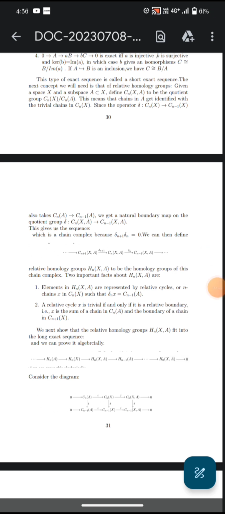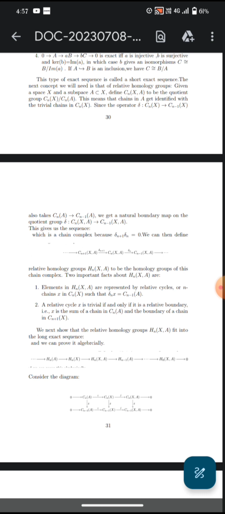Then the given sequence is a chain complex, because delta n plus 1 delta is equal to 0. We can define a relative homological group Hn of X, A to be the homological group of this chain complex.